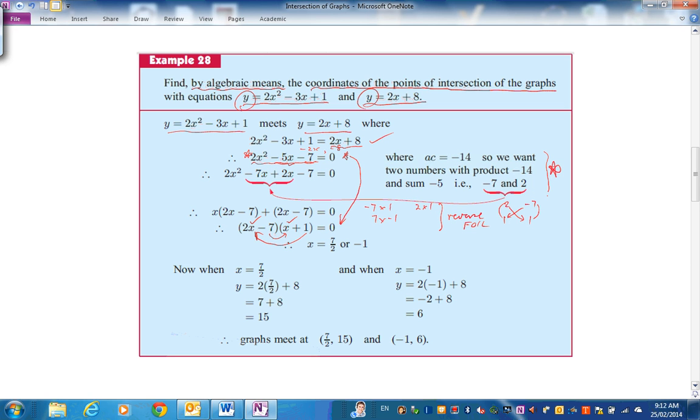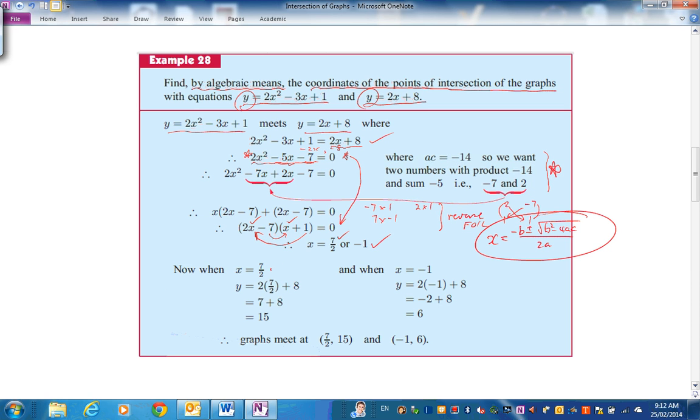Okay, you know already though that you could have used the formula for the roots of a quadratic. So it makes factorisation a little bit antiquated now. You should be able to do it, but you could just go straight to the formula to get these two values. These are the two x values where the graphs have a common point.